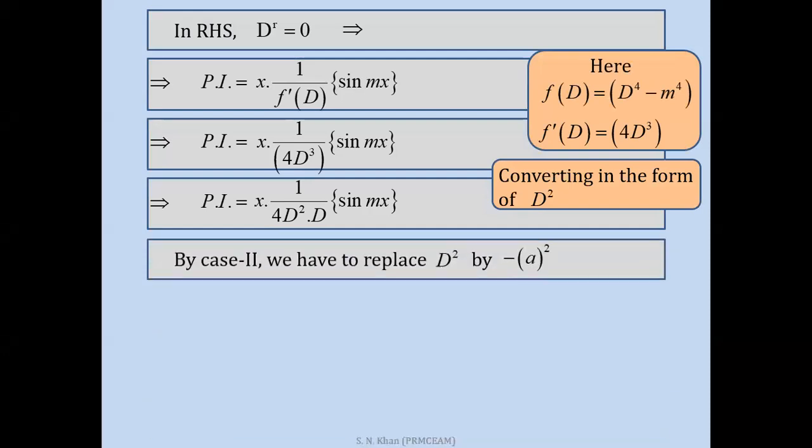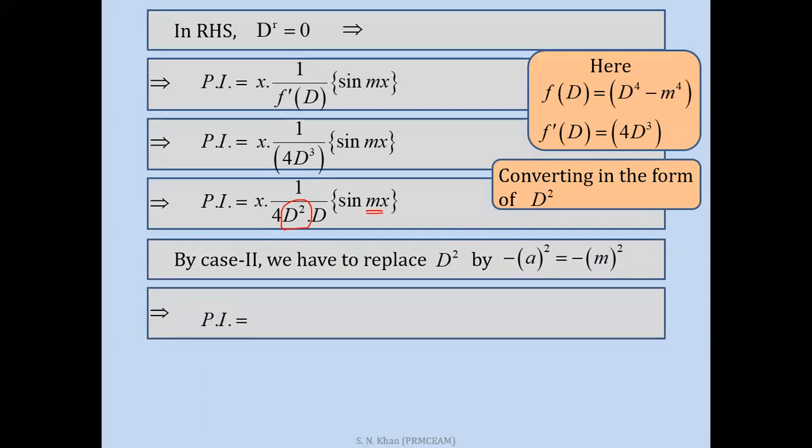So again, by using case number 2, in place of the d square written here, we have to put minus a square, and the value of a is again m. So minus a square becomes minus m square. So pi will become x into 1 upon 4 times minus m square, and into d operating on sin mx, as it is.